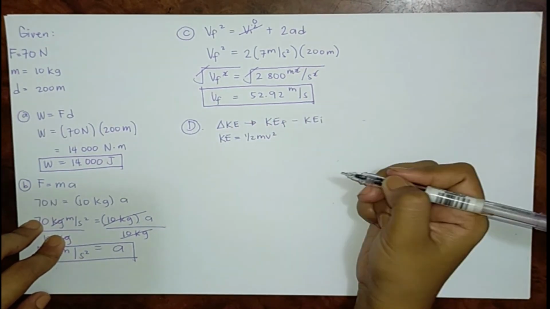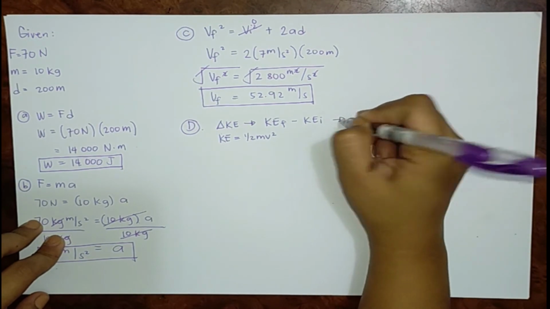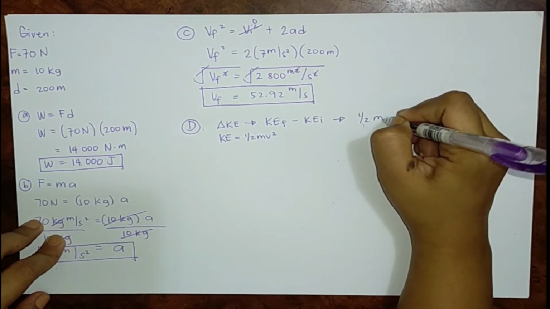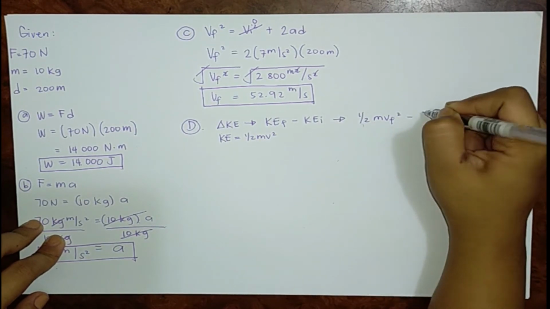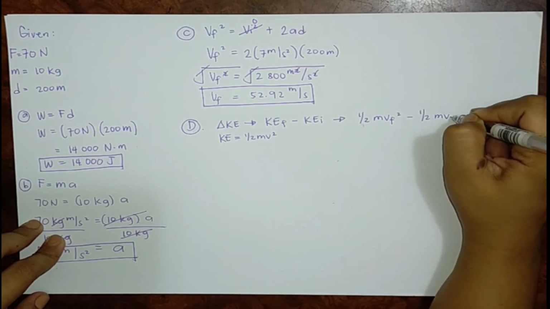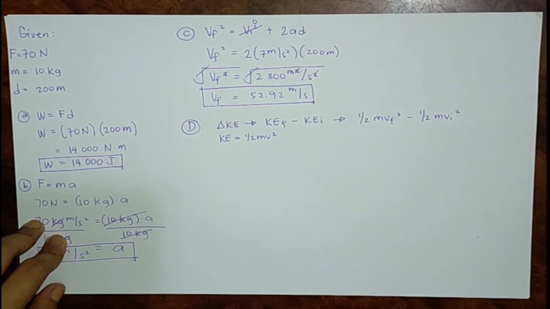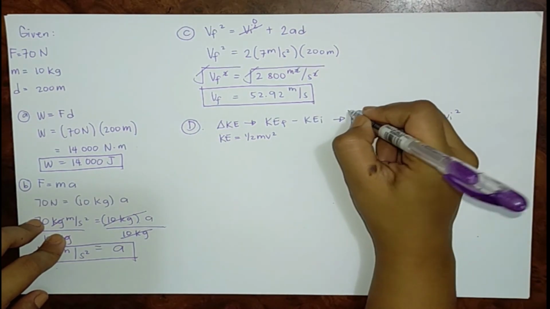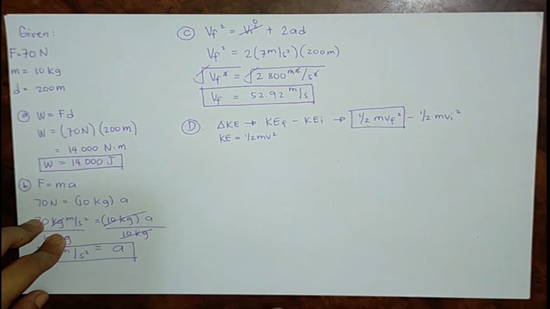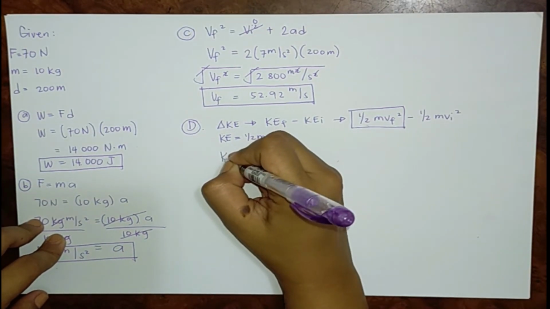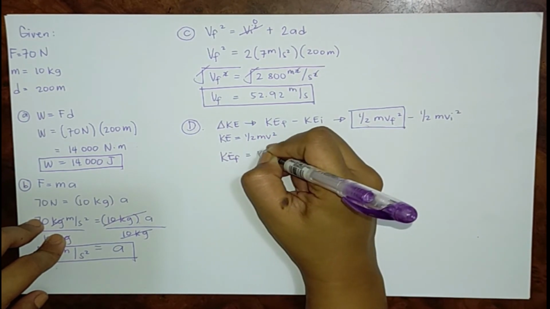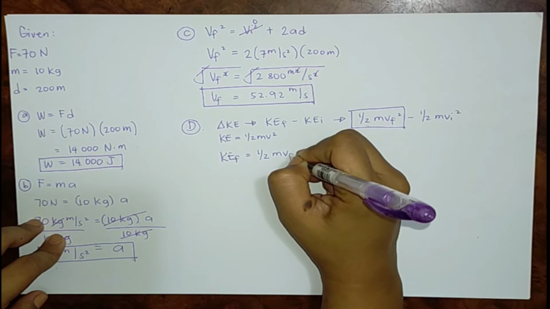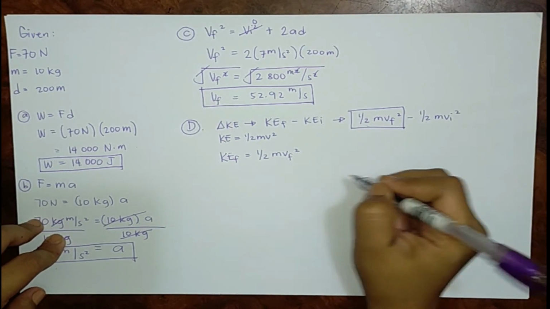So delta KE can also be written as 1/2 mvf squared minus 1/2 mvi squared. Let us determine the KE final. KE final is equal to 1/2 mvf squared. And then substitute the values.